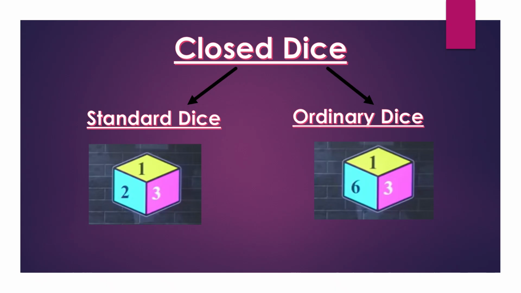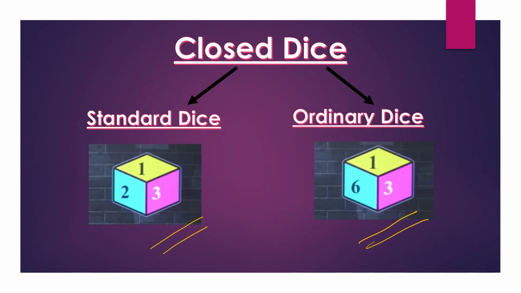Second type is closed dice. Just now we saw open dice, and I showed you the examples where you need to just jump, and you get the opposites. Now the second type is closed dice. This is a closed dice, correct? When a dice or cube is opened, it becomes open dice or open cube.